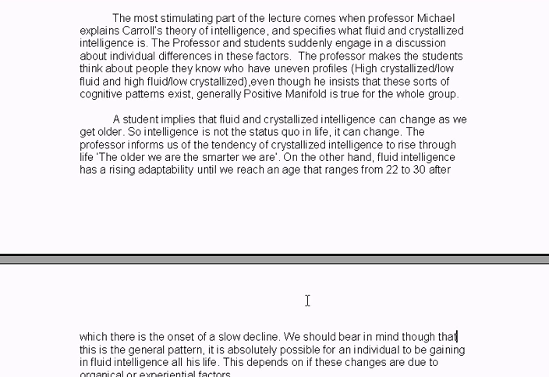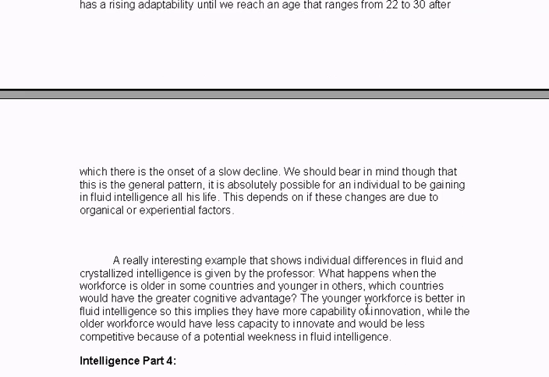It is absolutely possible for an individual to be gaining in fluid intelligence all of his life. You see, to be gaining is temporary, and all of his life is permanent. So for an individual to gain, we need a present simple.